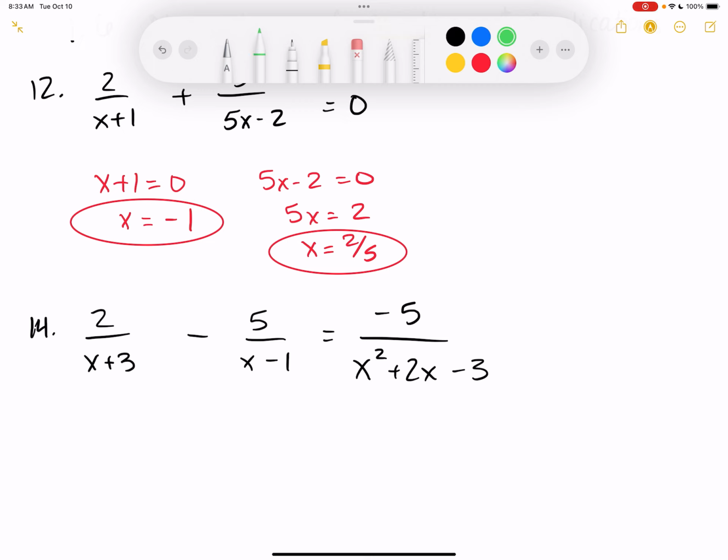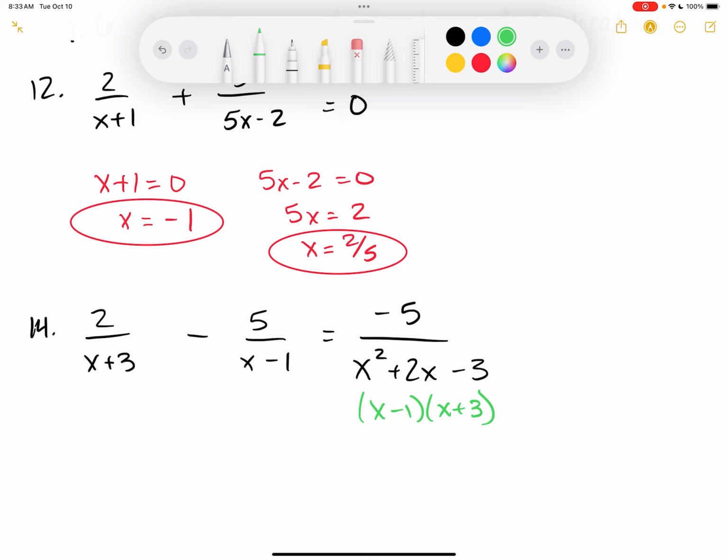So what would this denominator factor into? Negative 1 and 3, yep. So x minus 1 and x plus 3, which works out nicely to be these things over here.